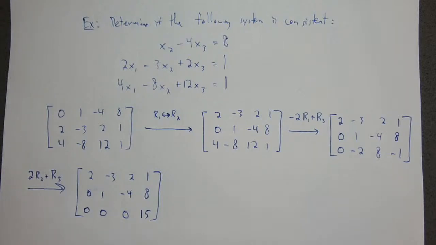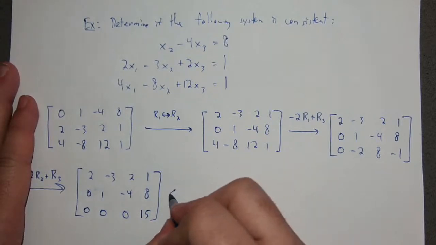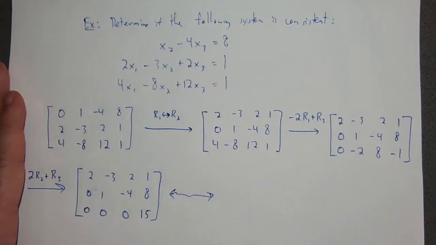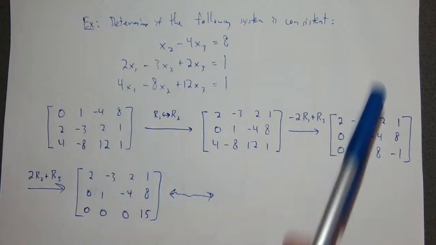But it's good, at this point, now that I've gotten to this triangle of zeros here, to translate this back into a system. So what system is this equivalent to? Every augmented matrix you see written down corresponds to some system.